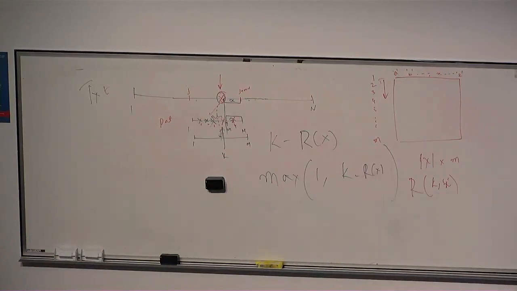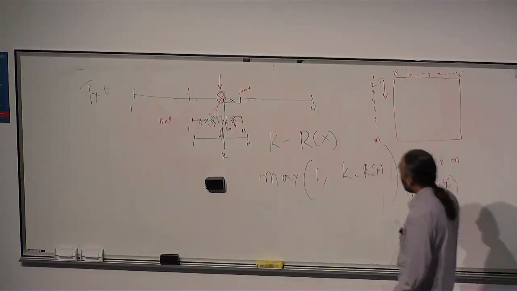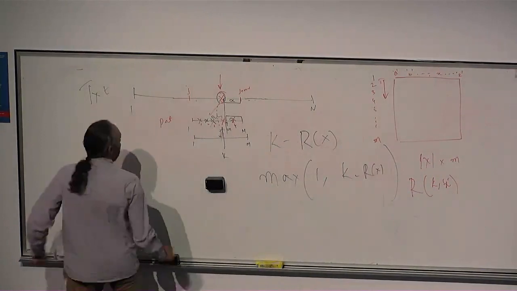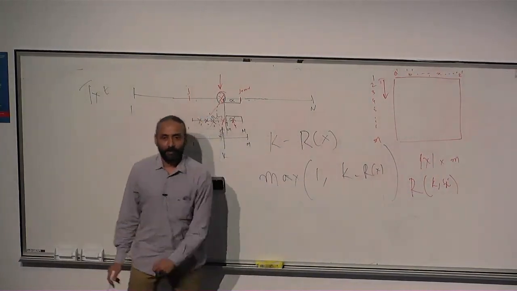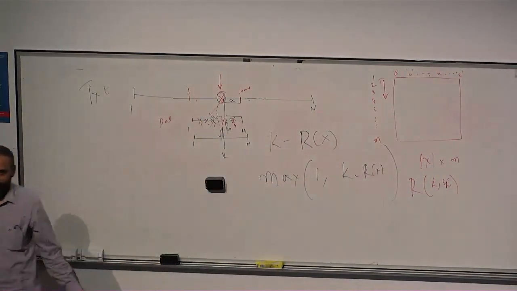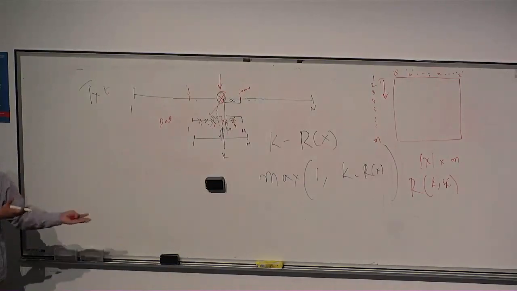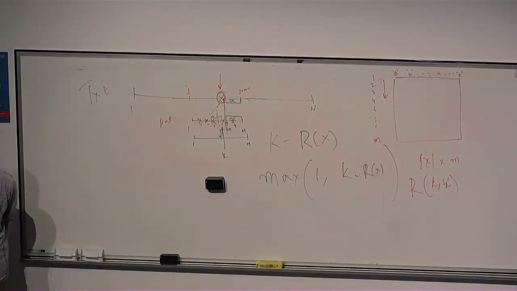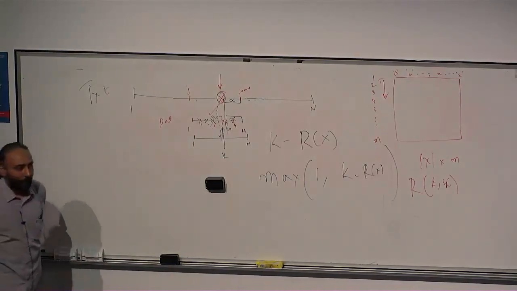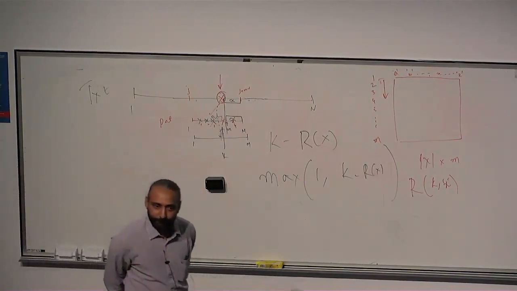Are you all with me? Okay? All right, so you don't need a max of 1 comma that. If you had an extended table, you just have to plug in the value. It will always give you a value of 1 or more. Okay?